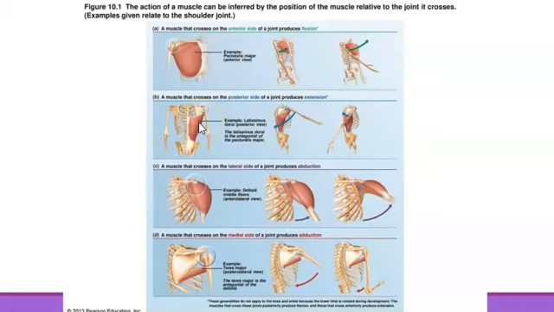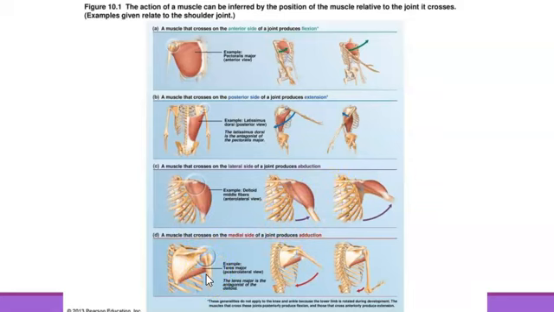We see that the muscle will cross on the posterior side of the shoulder joint, going posteriorly, so that produces extension. Then we see the deltoid muscle right here, crosses on the lateral side of the joint, and that causes abduction, away from the midline.